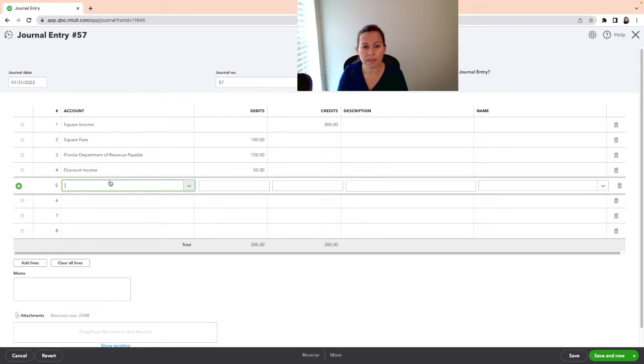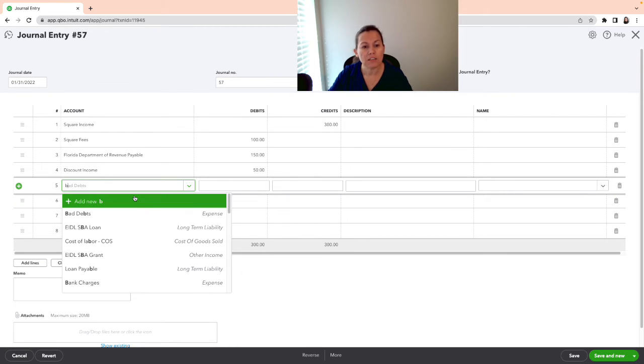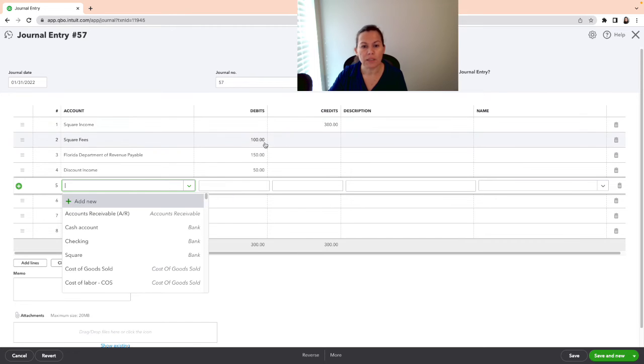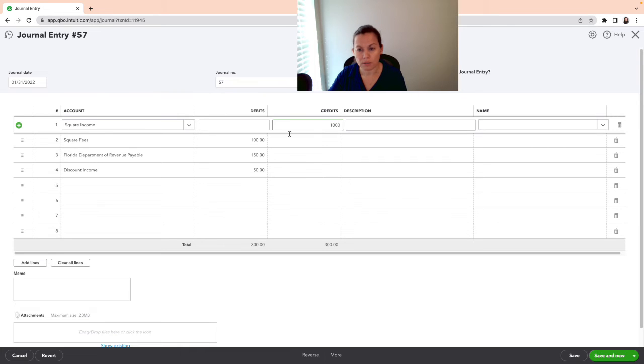And the bottom line, the Square income, is going to be where this money is going to, which should be your bank account. So the net deposit, which is going to be a debit here to your bank account, needs to match whatever happened in the bank. So let's suppose that you had a deposit for $1,000, right?